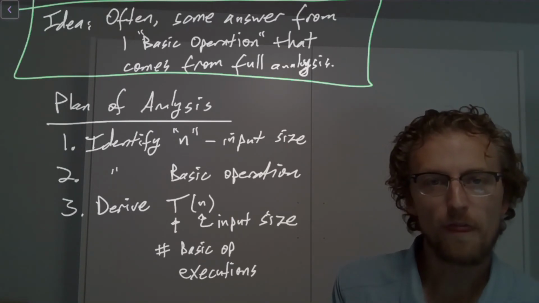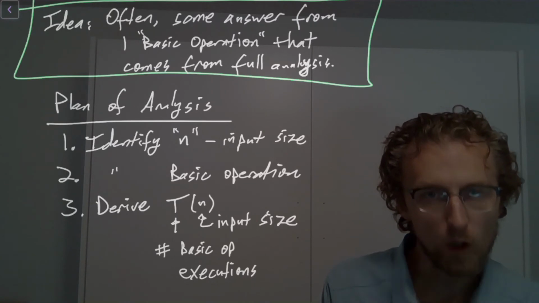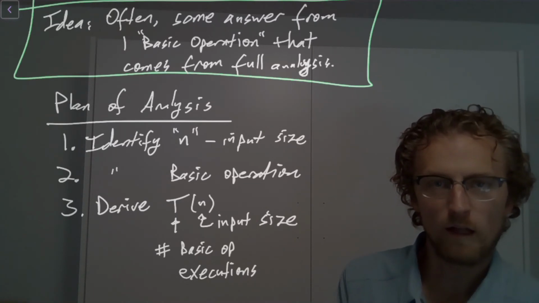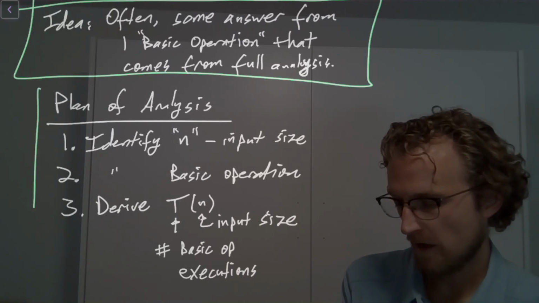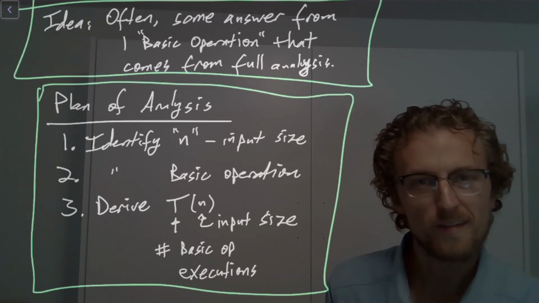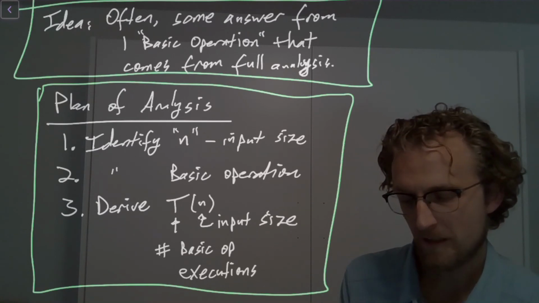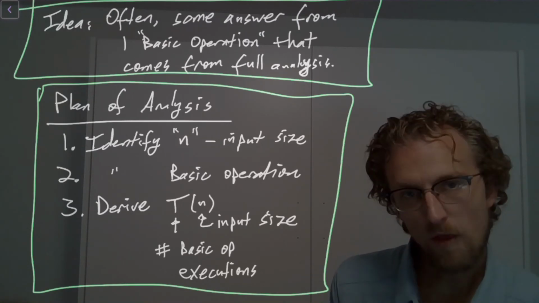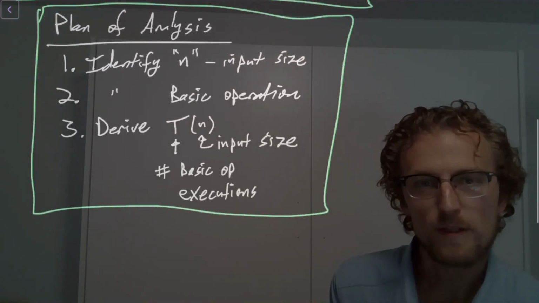And going forward, this is going to be the core approach that we'll take with every single algorithm that we look at. Whatever we are doing, we always want to make sure that these three bullet points have a place in our analysis.